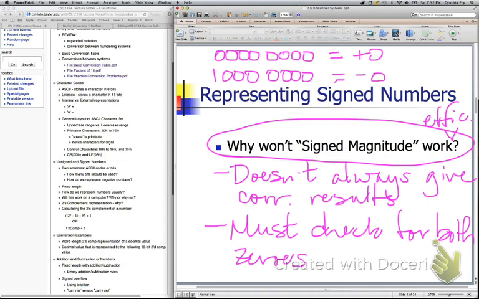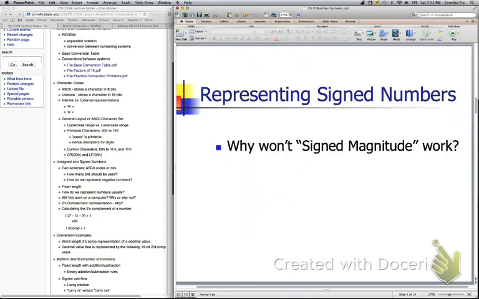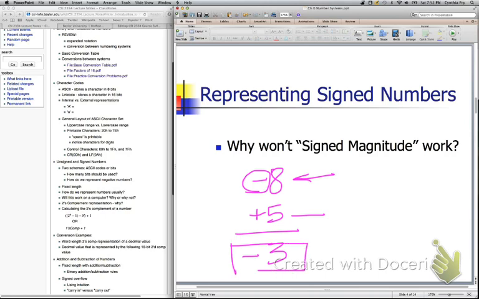I can make signed magnitude work by including the rules that we use in our heads all the time, which is when I'm adding two numbers of unlike sign, I subtract the smaller from the larger magnitude, I get a 3, and I apply the sign of the larger magnitude number to my result.